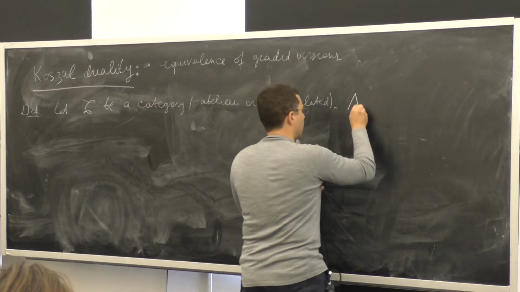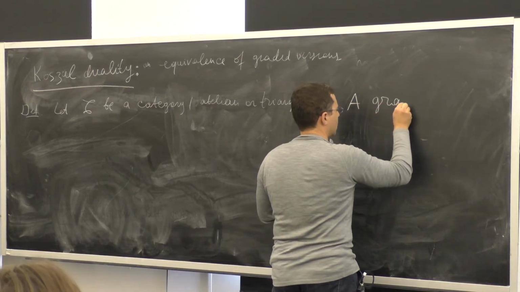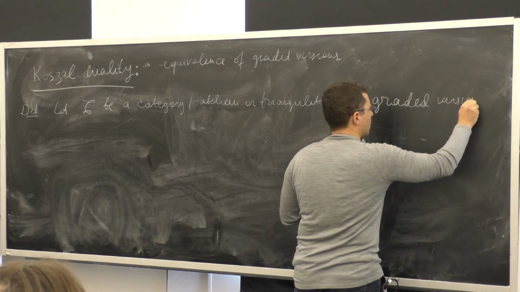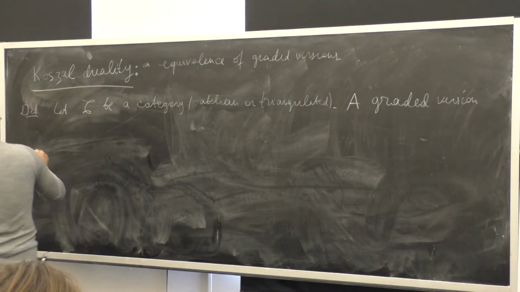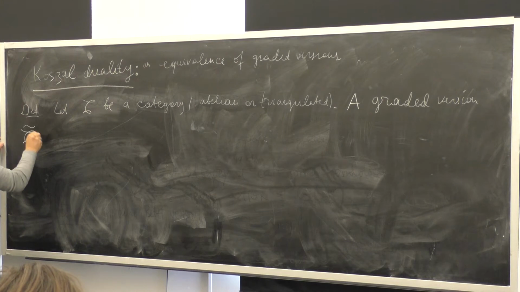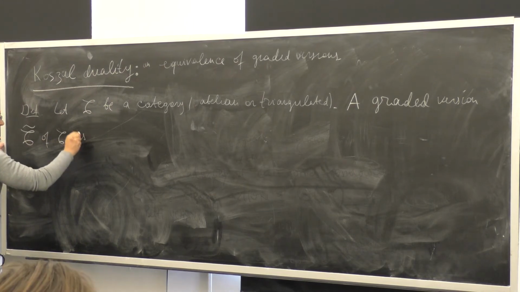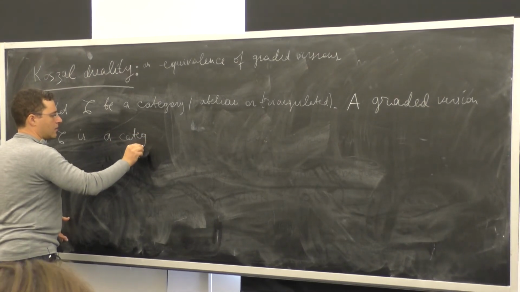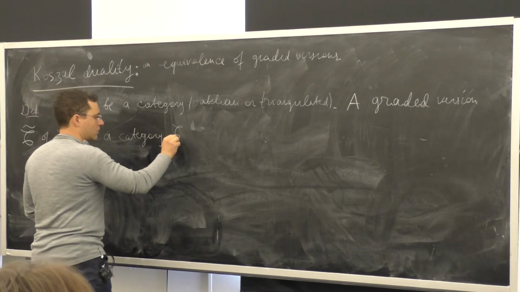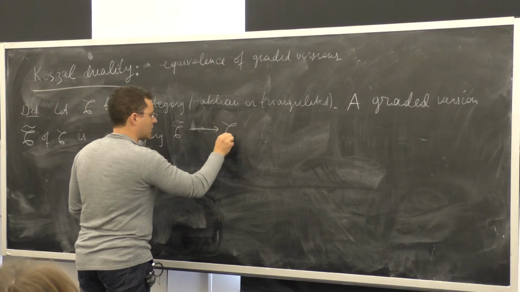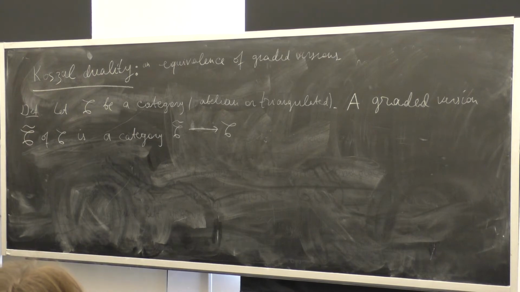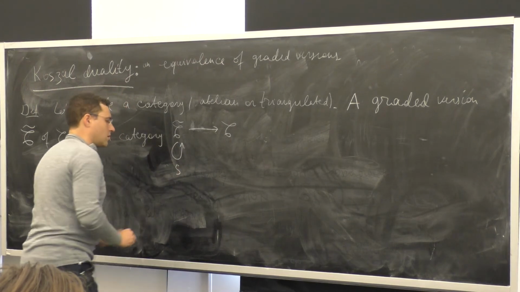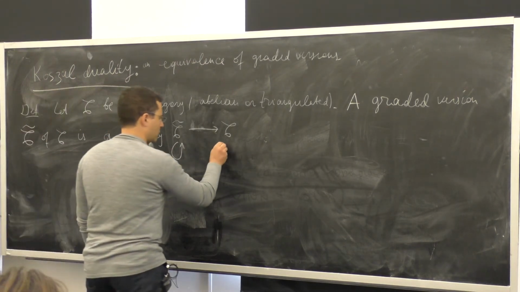Then a grading, or graded version, C tilde of C is another category, C tilde, together with a functor to our original category, and then also an outer equivalence S, which corresponds to identity here.